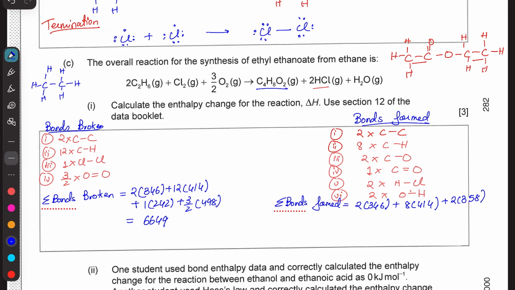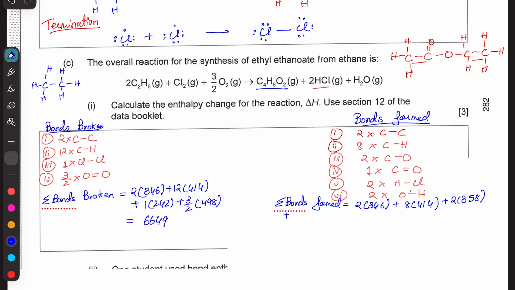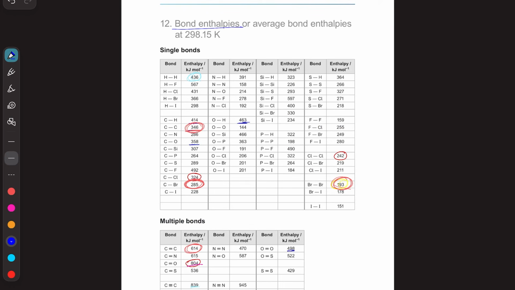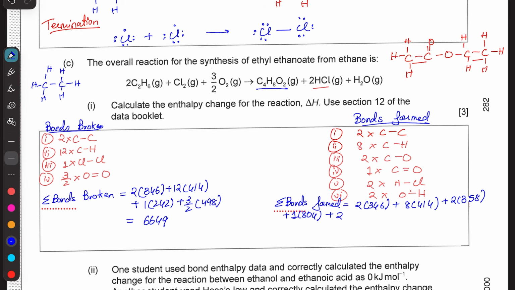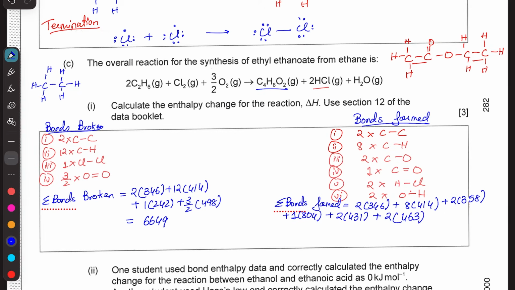And then you have a C double bond O, which would be 804, so 1 times 804, plus HCl. HCl is 431, so 2 times 431, plus OH. OH is 463. And if I put all of this in a calculator, I'll get 7132.